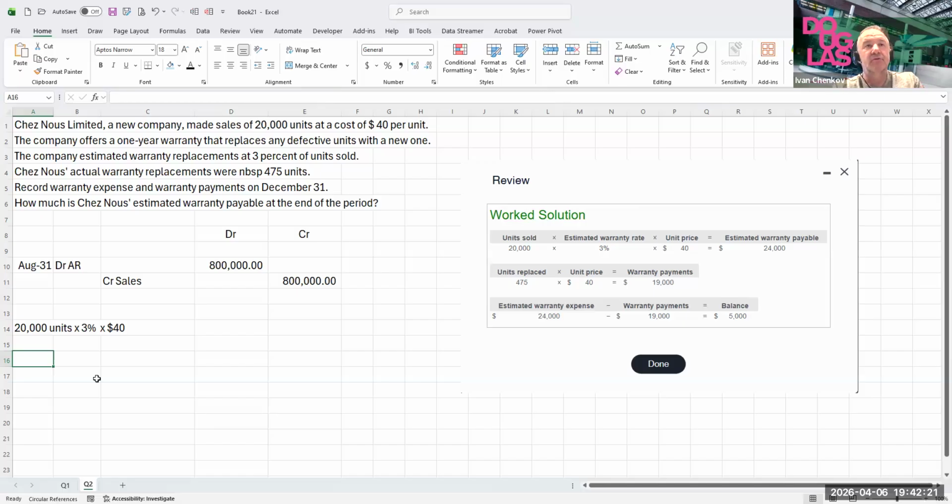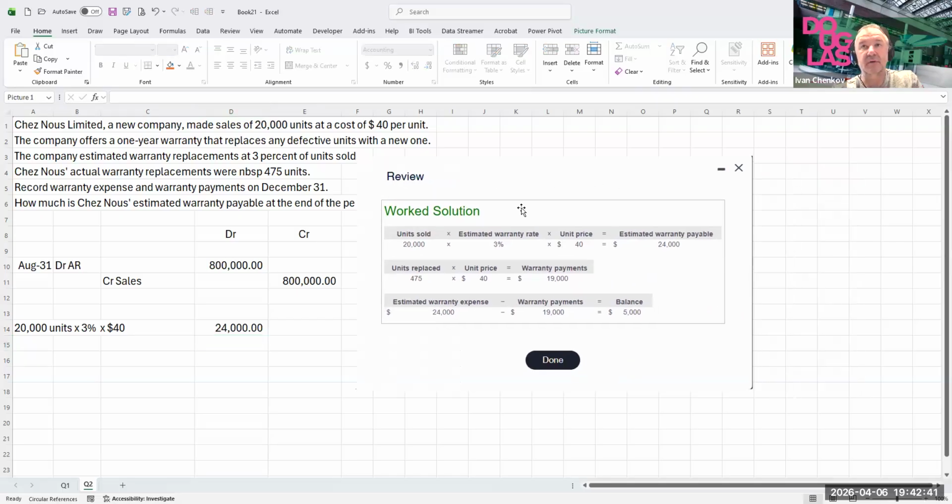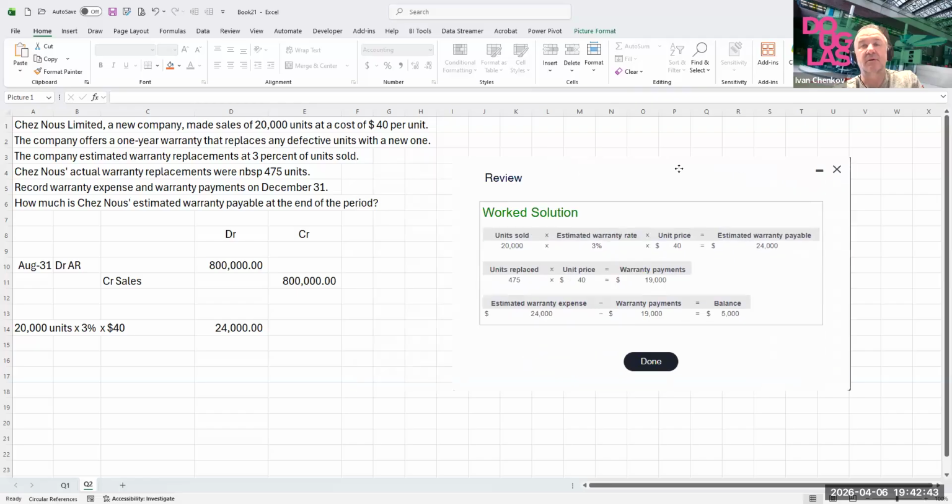So let's stay with the dollar amount. That's why we need the dollar amount. So what we're gonna do? We're gonna get 20,000 times 0.03 times $40 per unit. And that's gonna give us the warranty of $24,000. So on the review here, you have 24,000 on the warranty.